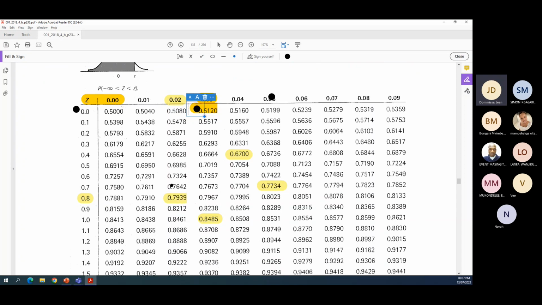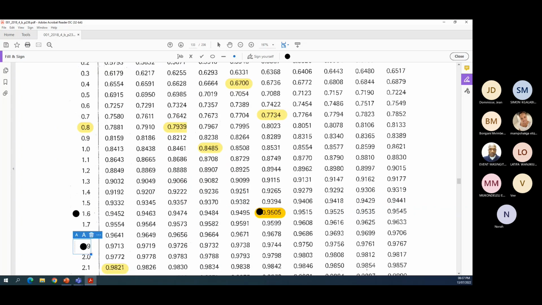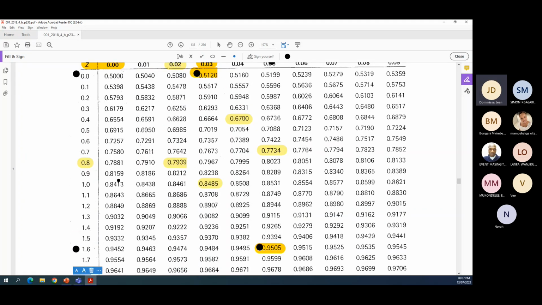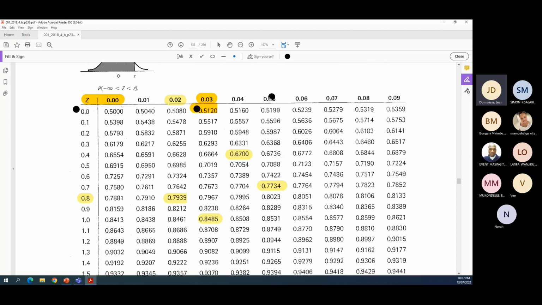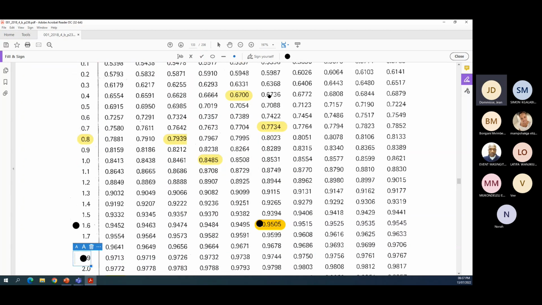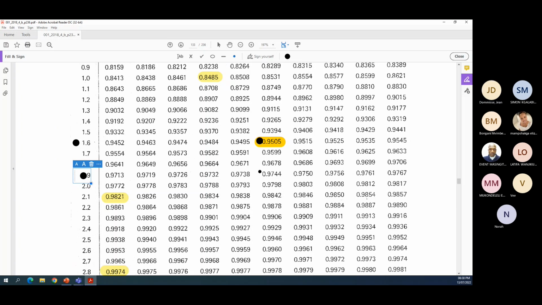If you needed to look for 1.95, you will go down to 1.9, you will go across to 0.5, and where those two meet, it would be the probability.